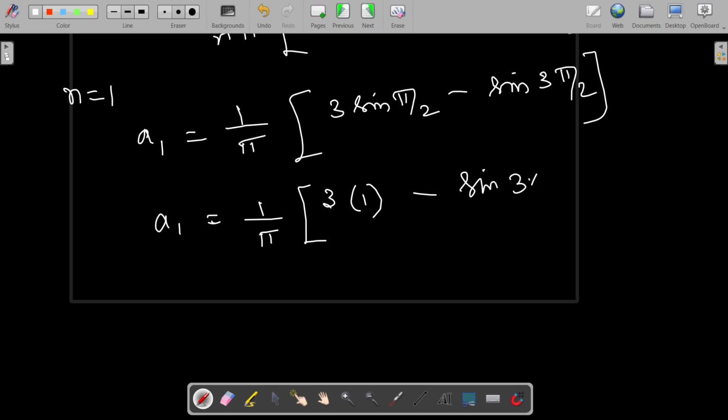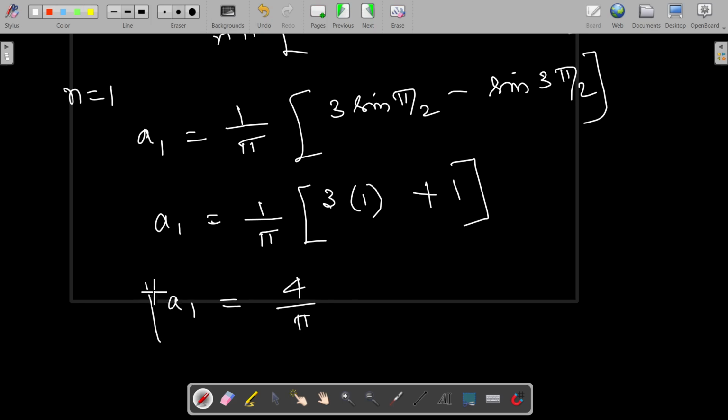That can be taken as 3 into 180 by 2, so it is 90, and 3 into 90 is 270. What is the value of sine 270, sine 3 pi by 2? It is minus 1. Already one minus sign is there, so minus of minus is plus. So it is 4 by pi.